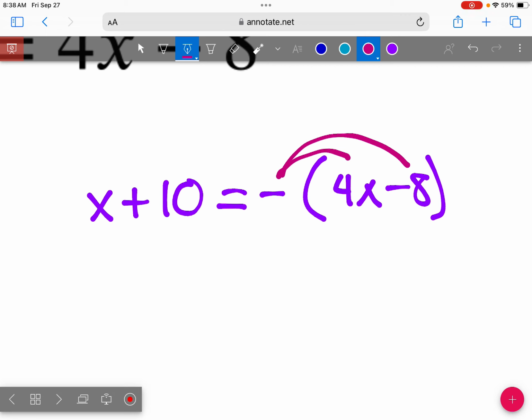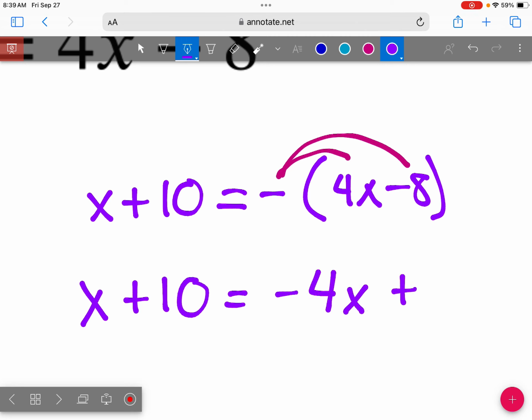That has to be our first step. So we're going to have x plus 10 equals negative 4x plus 8. We have to do that distribution first. Otherwise, we're making our life way harder.